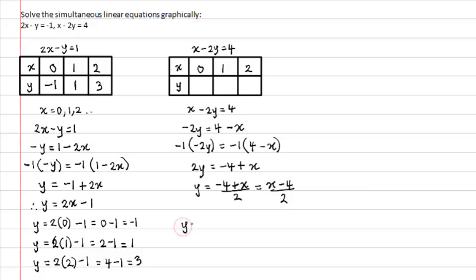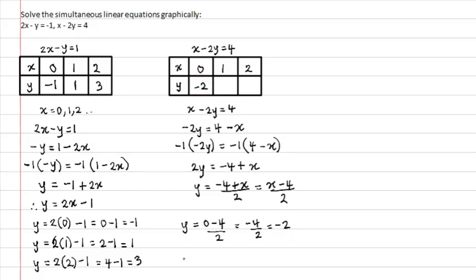So let's find the y values now. Now when x is 0, y would be what? X is 0 here, so 0 minus 4 over 2. This will give us minus 4 over 2, that is minus 2.